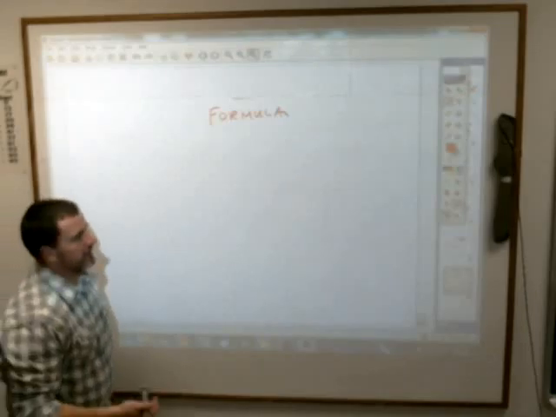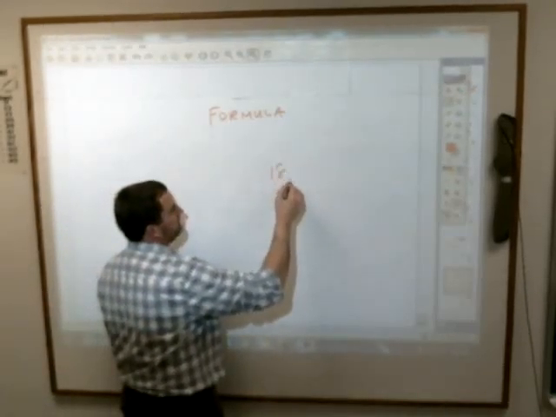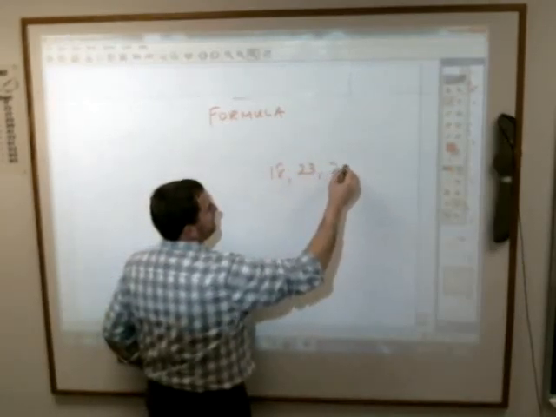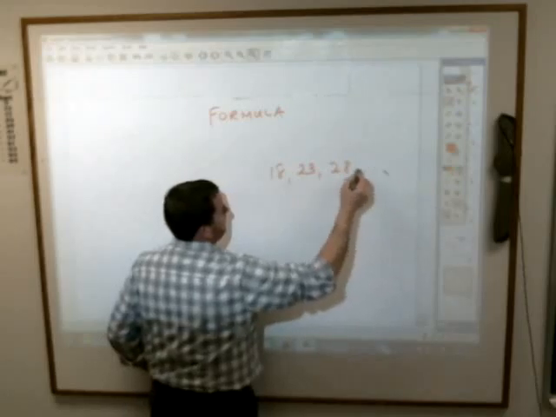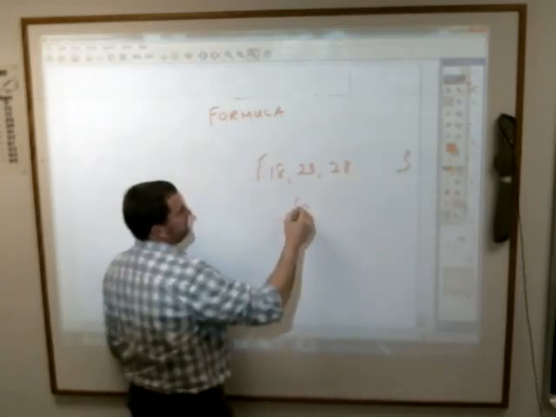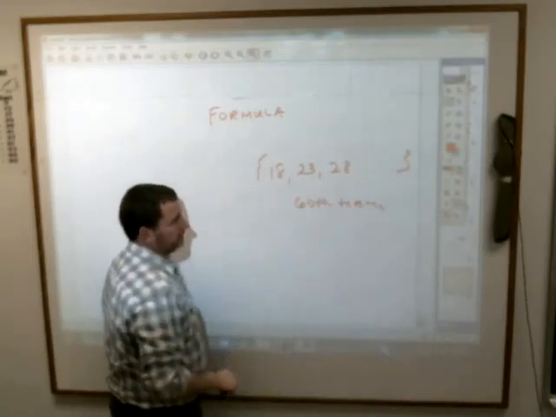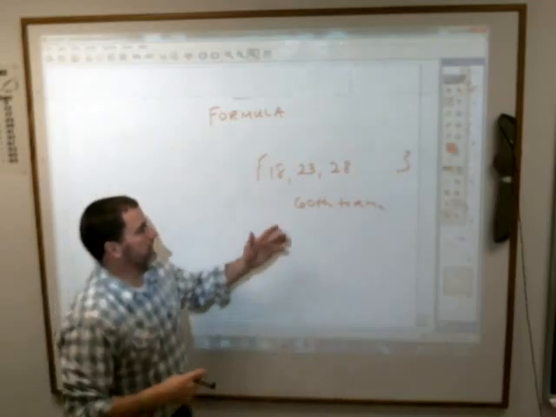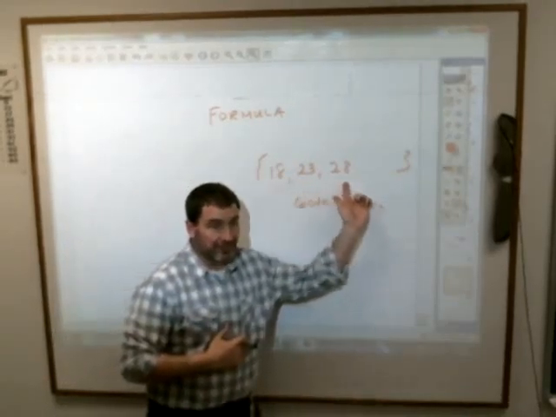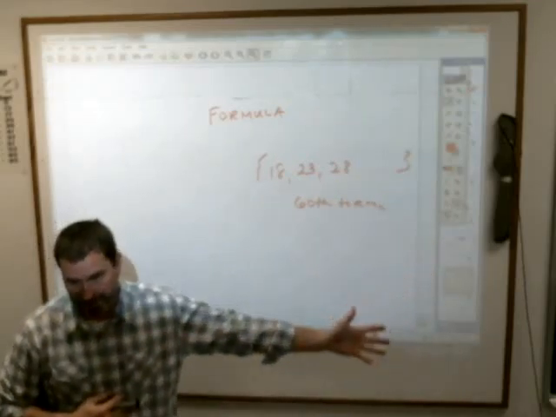Well, because let's say you've got this sequence: 18, 23, 28, ... and I asked you for the 60th term. You don't want to have to sit down and write down all of these till you get to the 60th one, because that would take you a little bit of time.